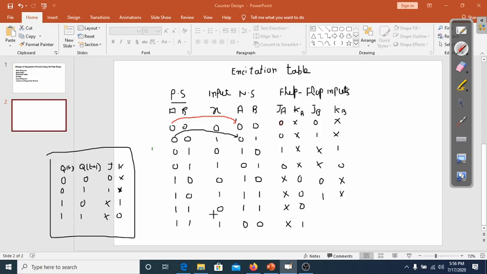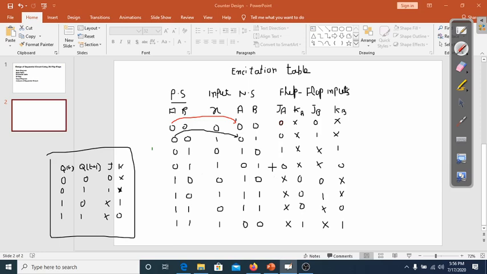Now here the present state is 1, next state is 1. So in this case, K should be 0 and J is don't care. When present state is 1, next state is 0, K should be 1, must be 1, and J is don't care.